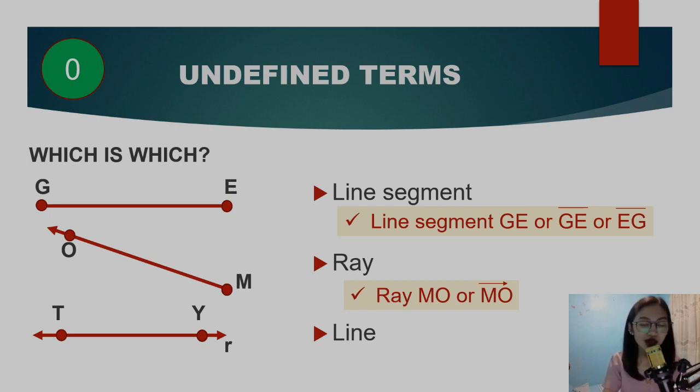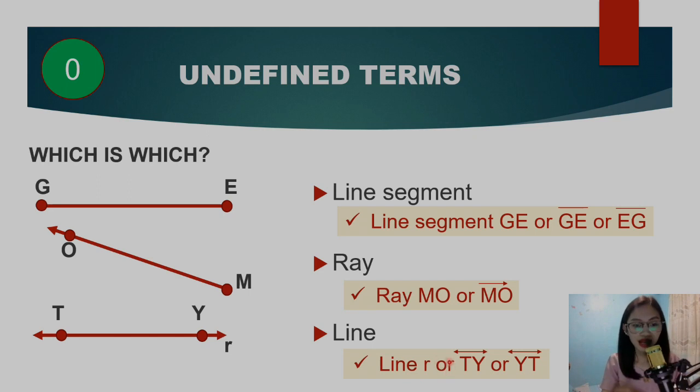And of course, this one is line R, small letter R, or line TY, capital letters, or YT. And then the symbol that we used is a line with two arrowheads on it. So take a look of that para hindi kayo malito kung paano natin papangalanan ang line segment, ang ray, at ang line.